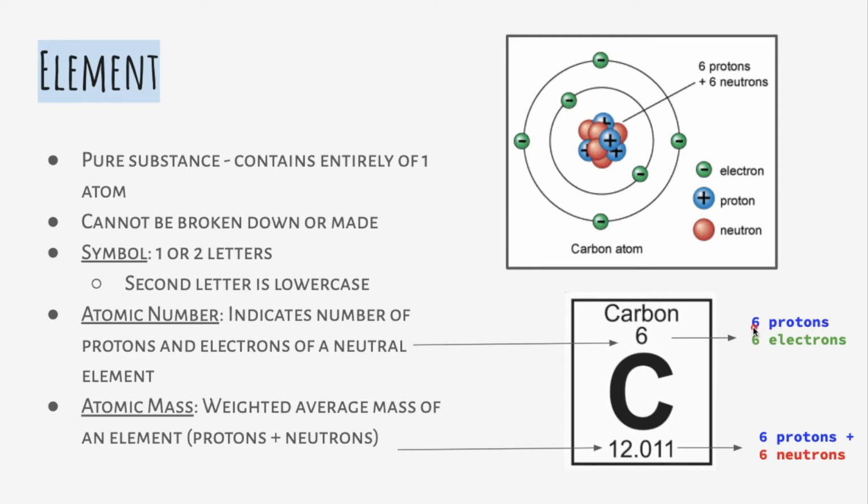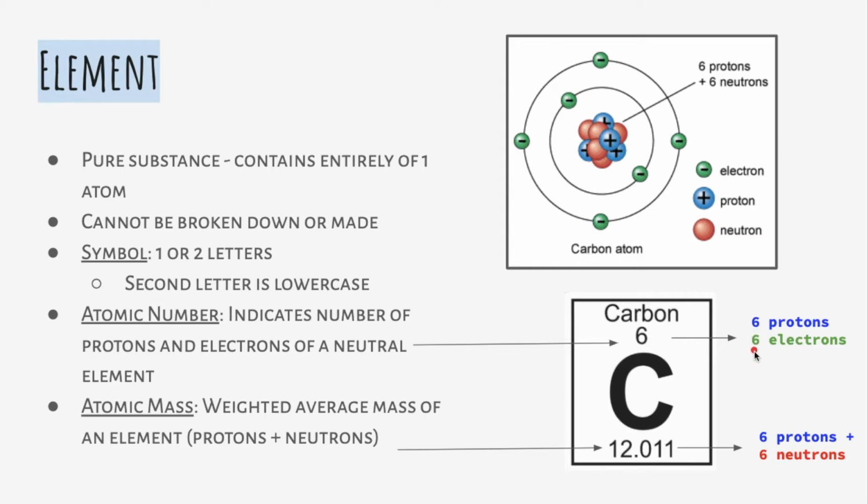The atomic number and the number of protons for a given element can never, ever change. So if I were to add a proton, that would entirely change the element. If I were to take away a proton, that would change an element. Therefore, for a given element, you must always have the same atomic number and number of protons.